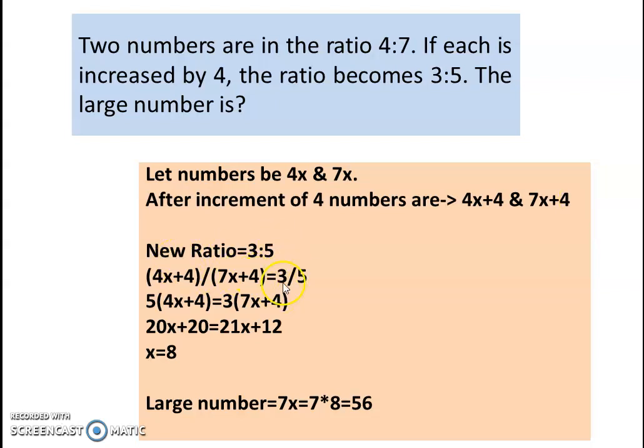So when we cross multiply and simplify, the value of x will be 8. So here the larger number is 7x. When we put the value of x, the larger number is 7 × 8 = 56. That means 56 is the larger number.